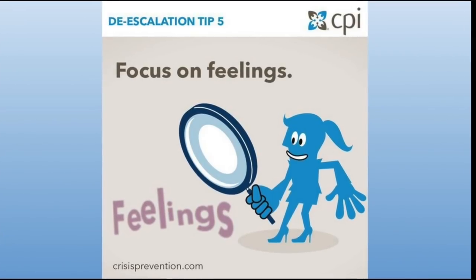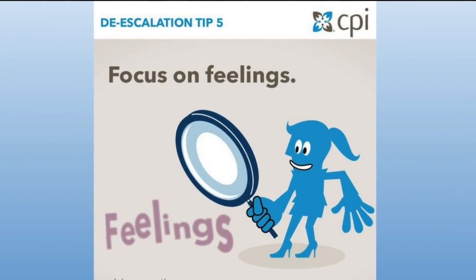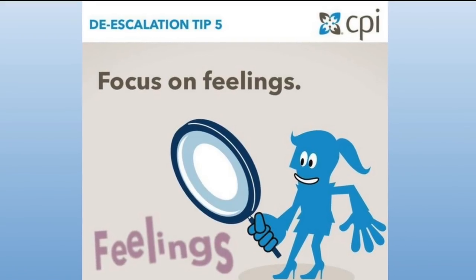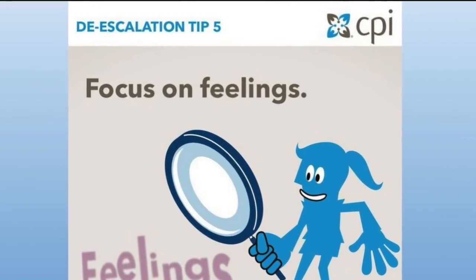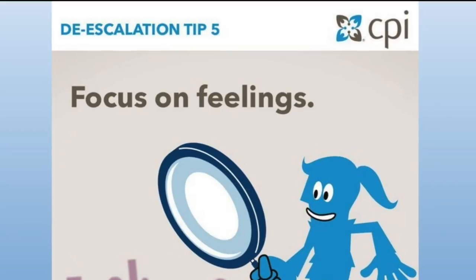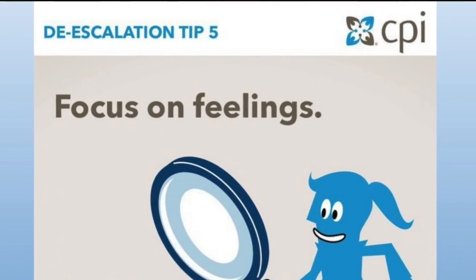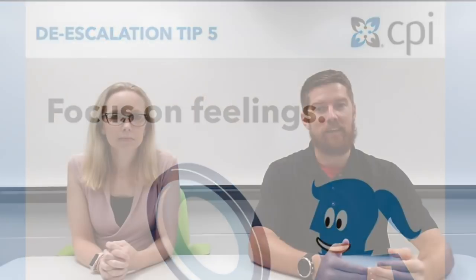Tip number 5 is focus on the feelings. A lot of times our kids will be really upset and they might be saying things that are just nasty and hurtful, but you can see that they're crying, or you can see that they're looking left to right, very anxious, very nervous, and what you should be looking at is the feelings, not listening to the mean, nasty, defensive words that they're shooting out.